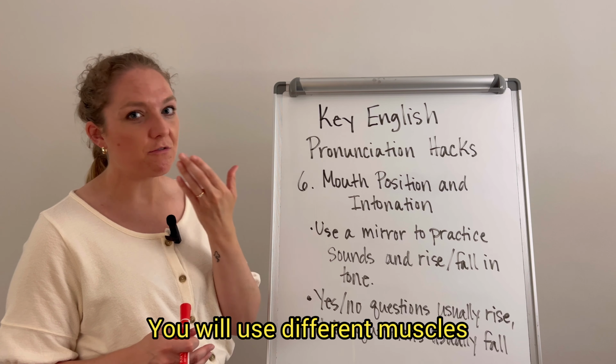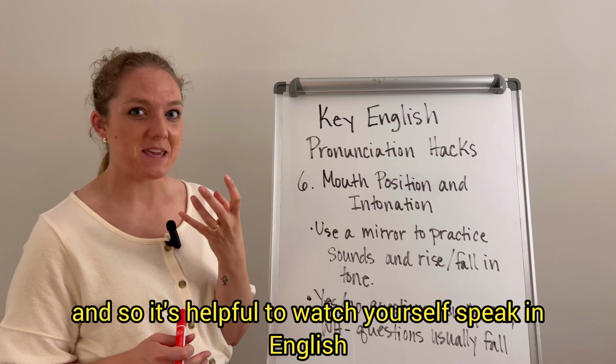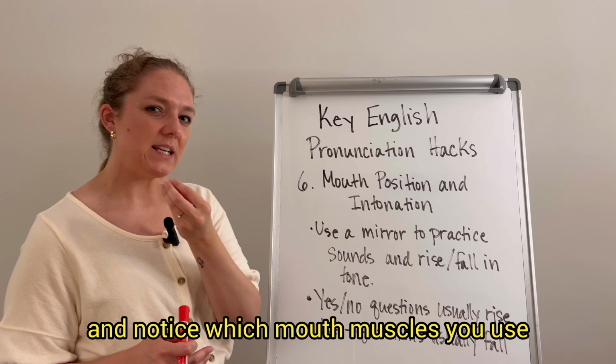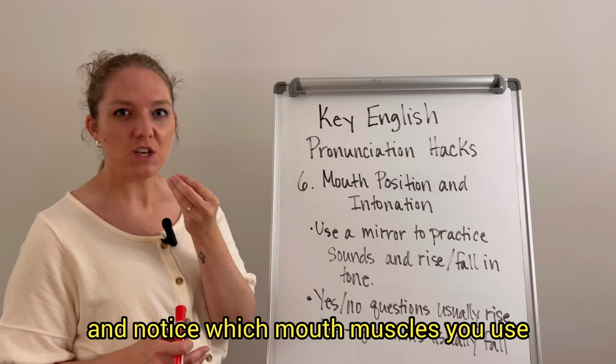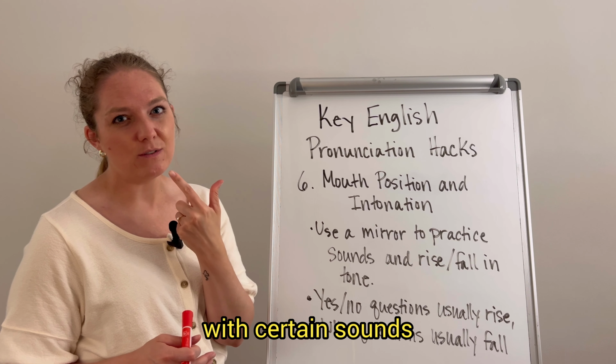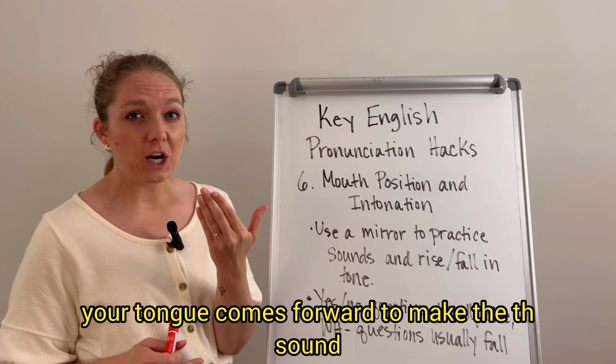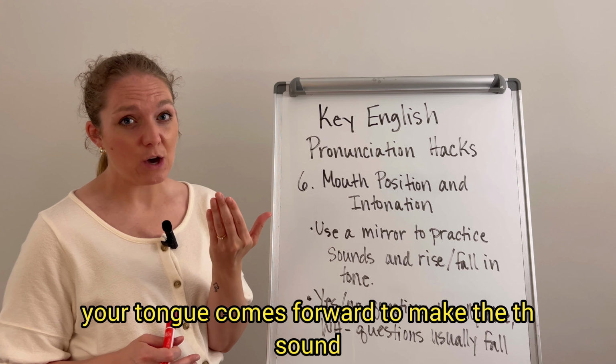You will use different muscles, and so it's helpful to watch yourself speak in English and notice which mouth muscles you use. Think about the way your tongue is shaped with certain sounds. Like for example, TH, your tongue comes forward to make the sound.